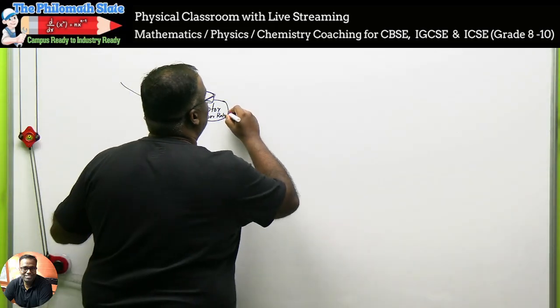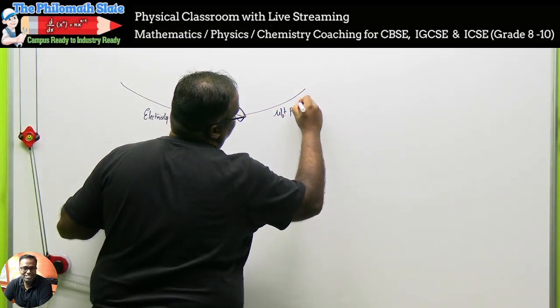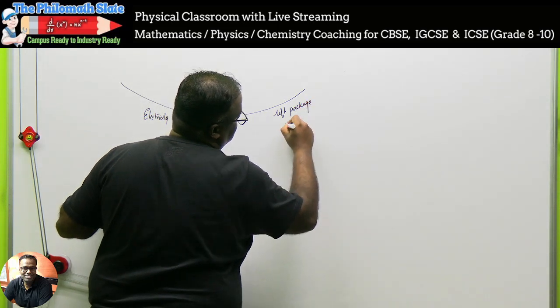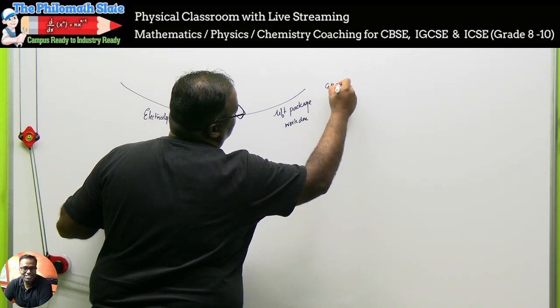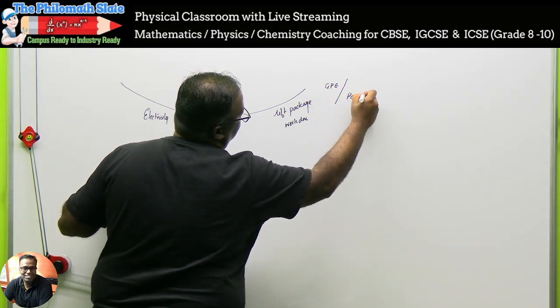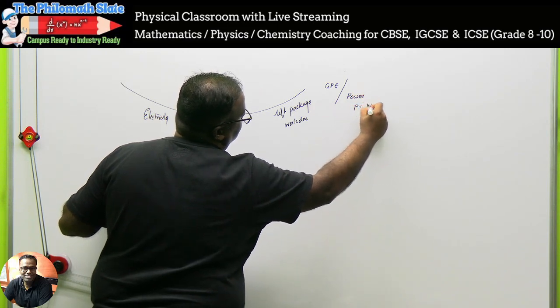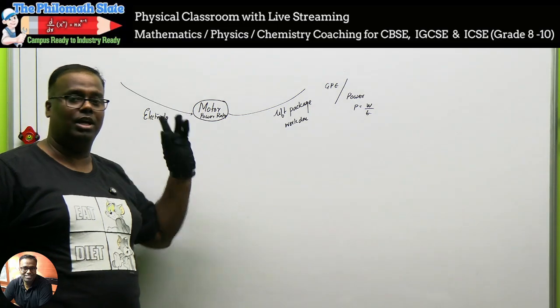And the motor was capable to lift a package. That means this is work done. And you did calculate the gravitational potential energy, and you also calculated the power. This power was actually the work done by time taken. ठीक है ना?